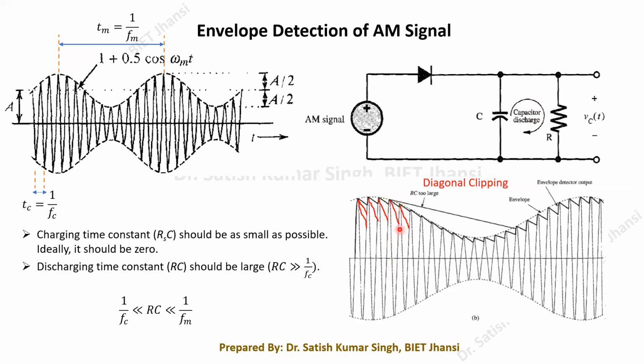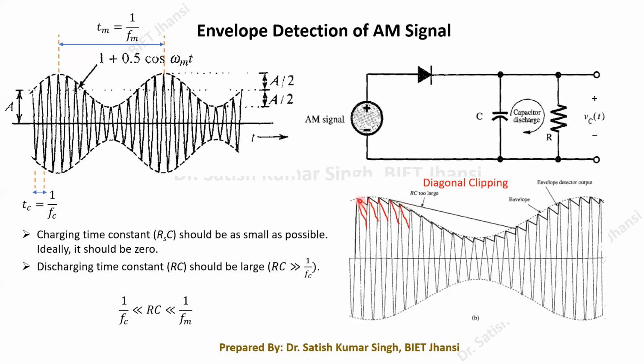So whenever the peak of the next cycle comes, this discharging profile is not able to follow this peak point.